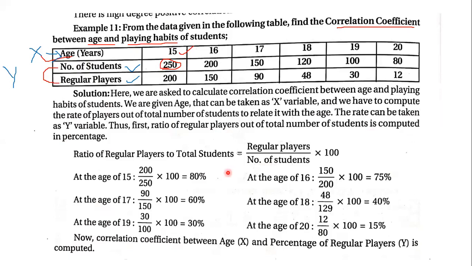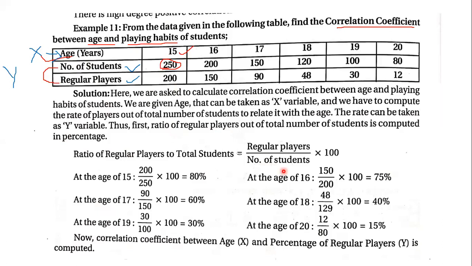So we will be computing percentage for this, which is very, very easy. Now out of 250 students in the class, if 200 are regular players, I have to calculate a percentage. Now let us see. They've given the formula here. This formula is a very simple formula to calculate percentage.